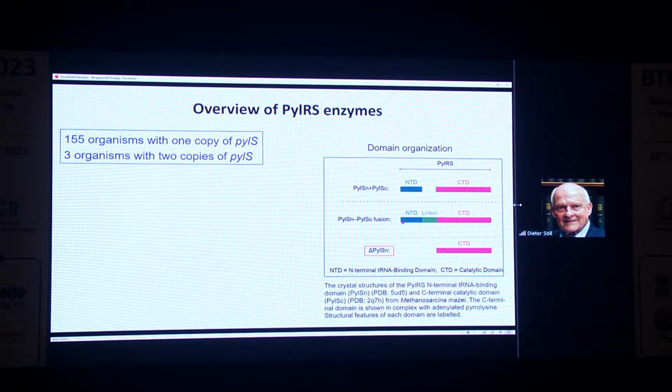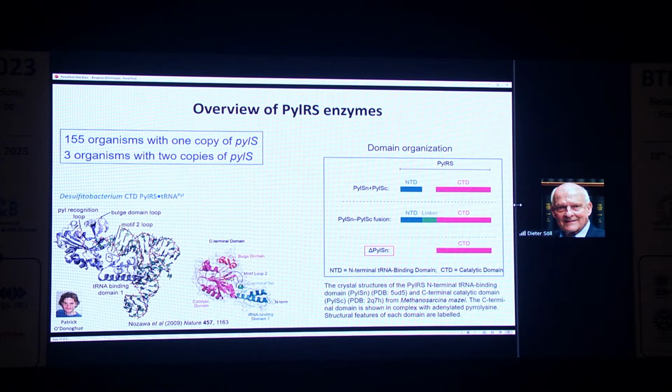The original discovery in Methanosarcina showed the N- and C-terminal domains linked by a variable size linker up to 180 amino acids. And then the big surprise was a few years ago when it was shown that there is a different class of organisms that have the delta-PylSN, where the C-terminal domain is doing everything.